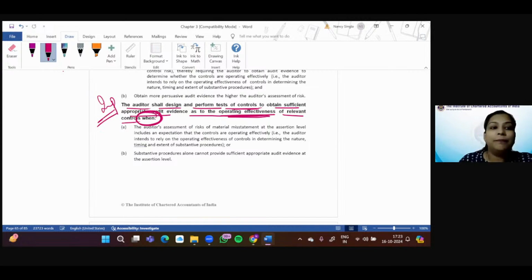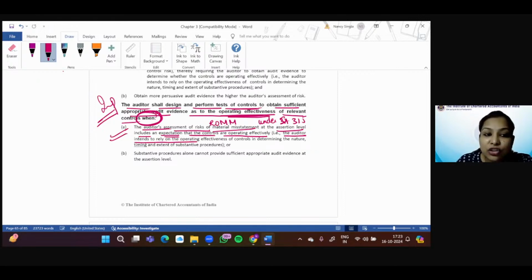Very, very important: when the auditor's assessment of risk of material misstatement at assertion level, under SA 315, includes an expectation that controls are operating effectively, that is, the auditor intends to rely on the operating effectiveness of controls in determining the nature, timing and extent of the substantive procedures, then he will devote his time and team towards checking the internal control.